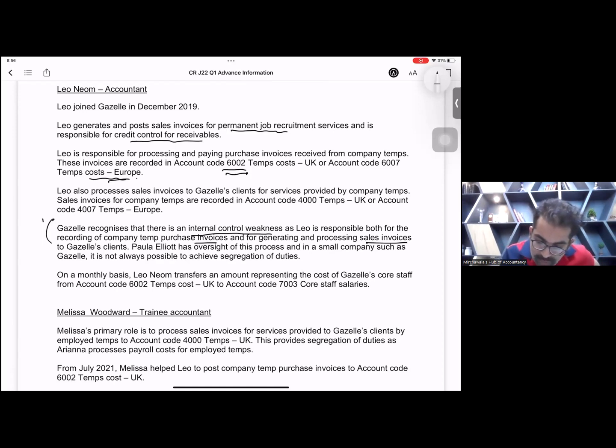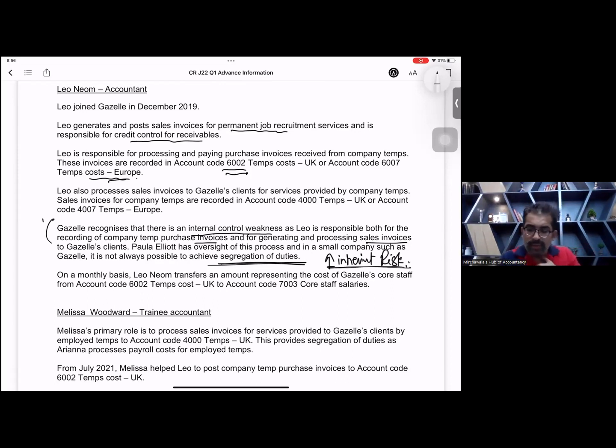Paula Elite has oversight of this process, and in a small company such as Gazelle, it is not always possible to achieve segregation of duties. That means one person is doing multiple jobs. So there is a lack of control, and this increases the inherent risk. So in the exam, you may see things like that.